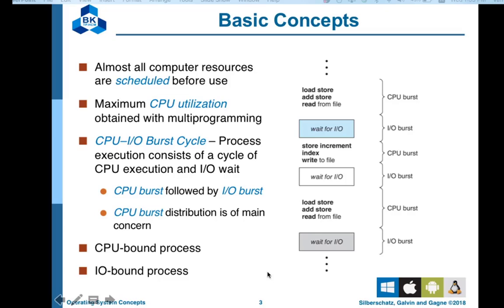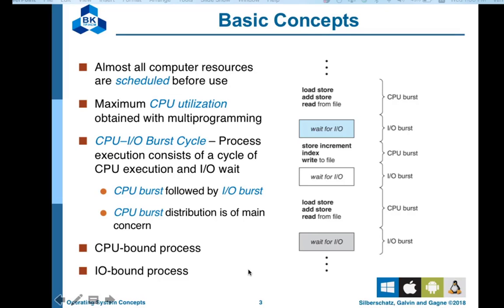Okay, so you see here, a CPU bound process will sometimes have long CPU bursts, and an I/O bound process, of course, will have long I/O bursts.